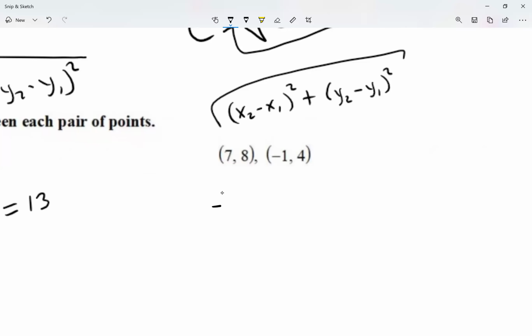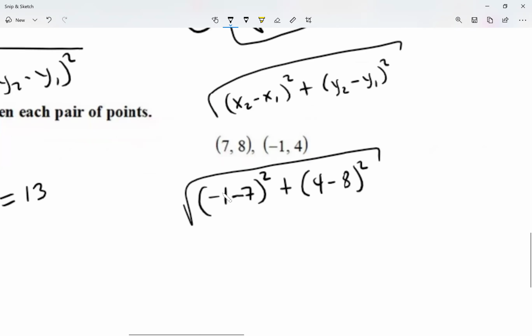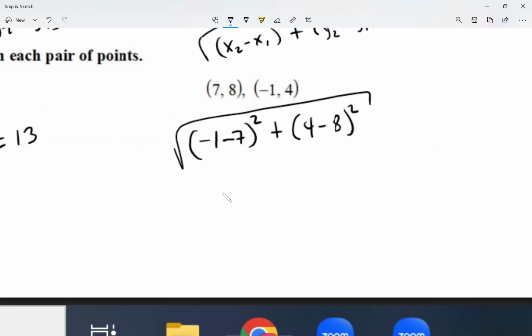I'm going to go -1 minus 7 all squared plus 4 minus 8 all squared inside the square root. What's -1 minus 7? Well, that's -8, right? So I have -8 squared. What's 4 minus 8? Well, that's a -4. I'm using parentheses because of the negative signs.